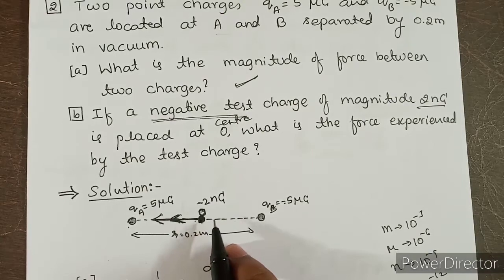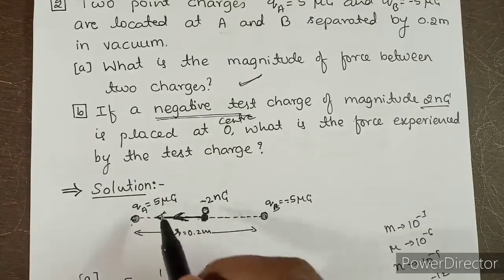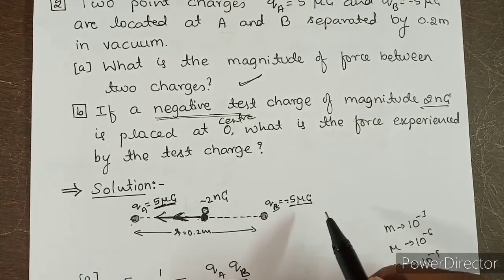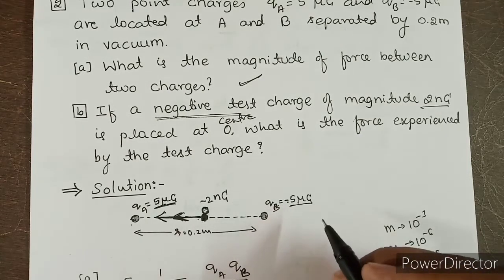The magnitude of forces on the test charge due to these two charges will be the same. Why? Here we have 5 microcoulomb, and here also 5 microcoulomb. It doesn't matter what the sign is, the magnitude of force will be the same. Let me solve this.